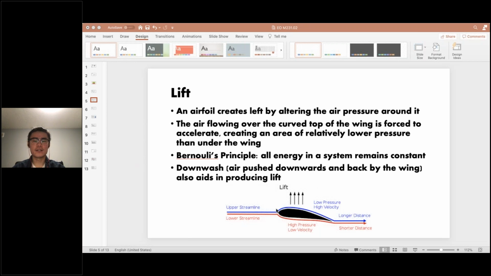Like I told you, the top part of the wing is curved, and the bottom part is relatively curved, but it's not as curved as the top part. So because the top part is curved, it's actually longer in distance than the bottom part of the wing.